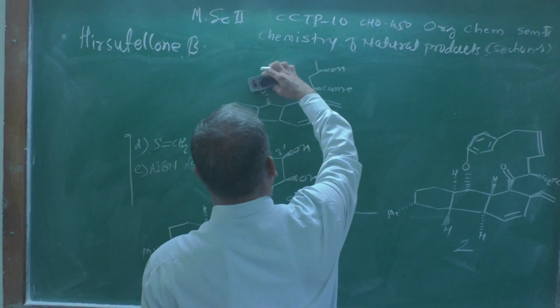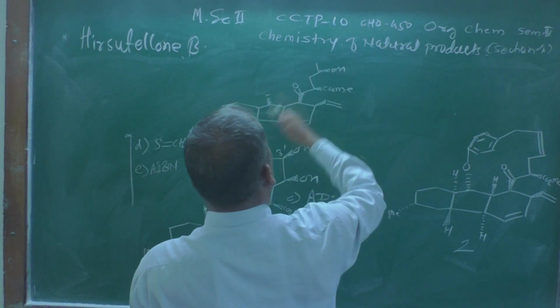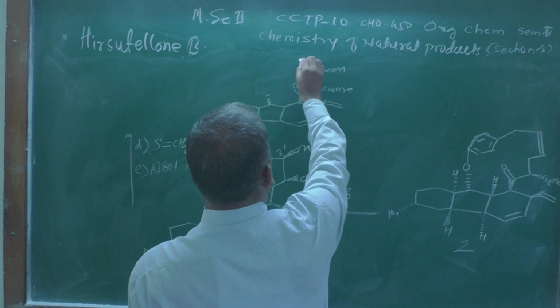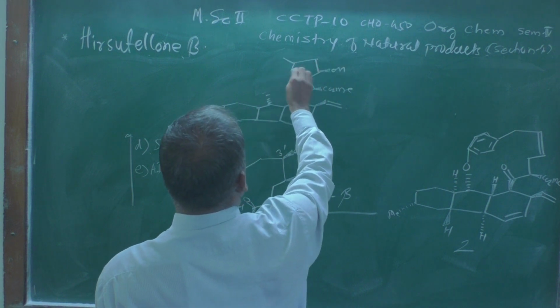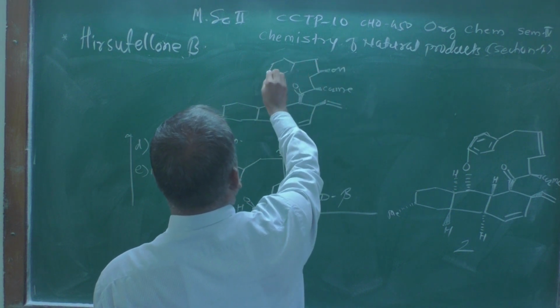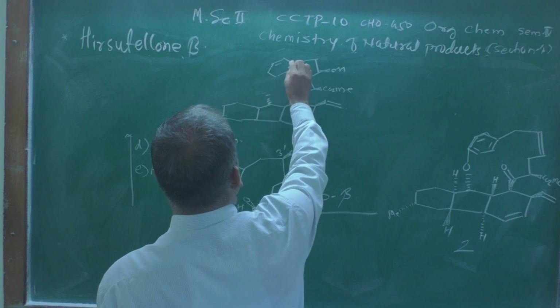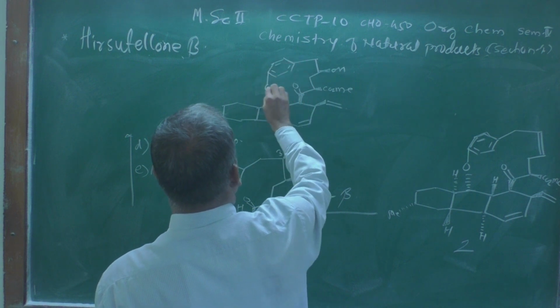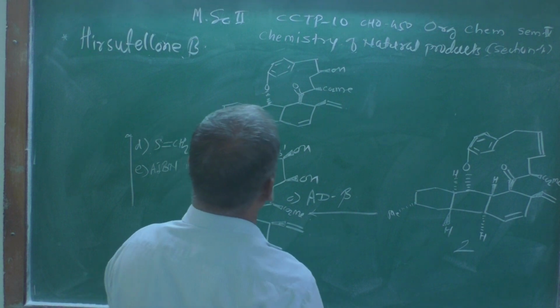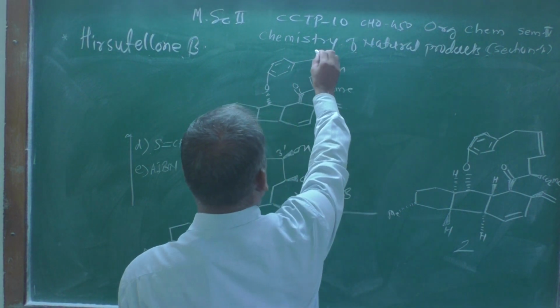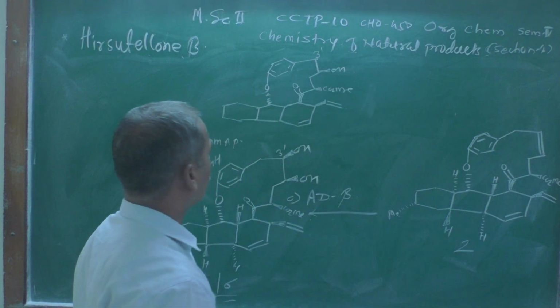Just remember, make a correction here. This is the structure shown like this, known as compound 3 dash.